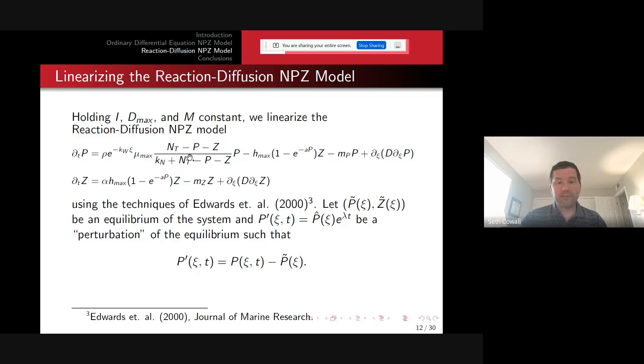So this is just the model that you've seen in the previous slide, except we're holding these three quantities constant, and we're going to use two tricks from papers from Edwards.